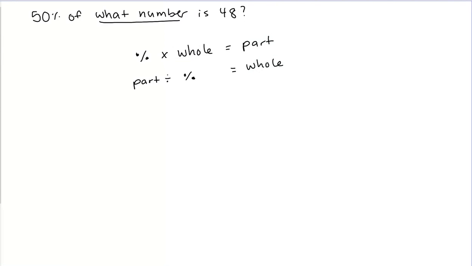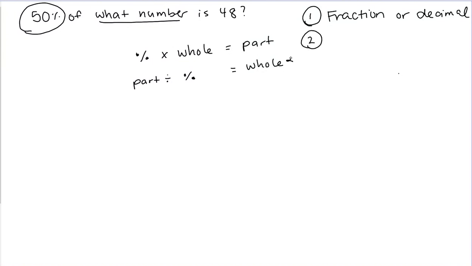And actually our steps, besides the whole dividing part, are going to be the exact same thing. The first thing we need to do is take this 50% and convert that into a fraction or into a decimal. I like to do it as a fraction, but you can also do it as a decimal. We'll do both to show you that you're going to get the same answer. And then you're going to use this here and we're going to divide.